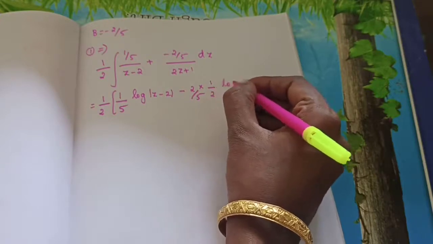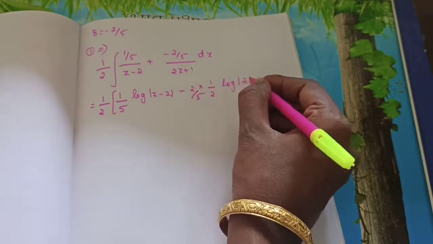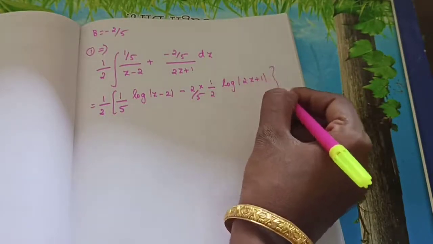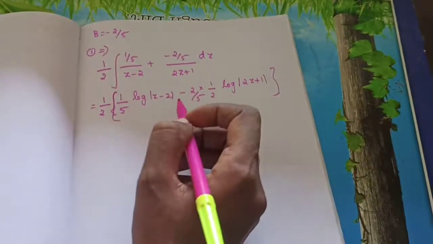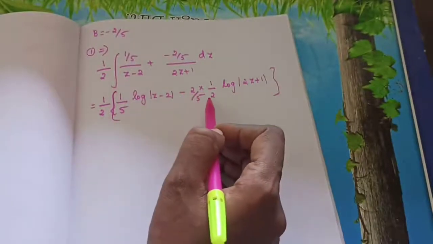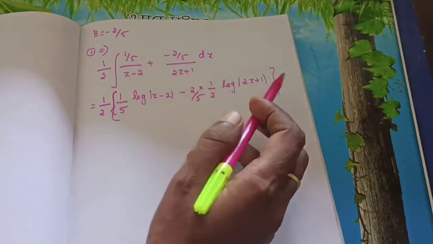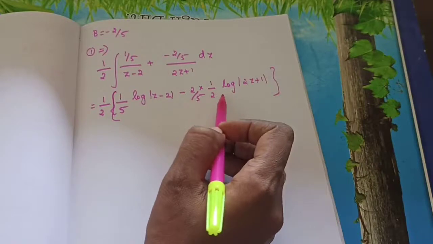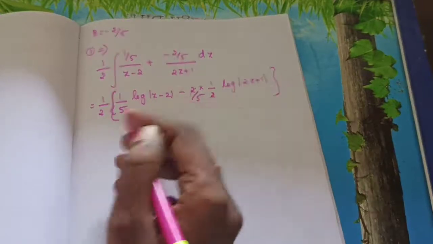Afterwards, log of mod of 2z plus 1. Got it? What's the reason? When using the integration formula, if there is a coefficient, we need to divide by that coefficient. So 2 and 2 will get cancelled.